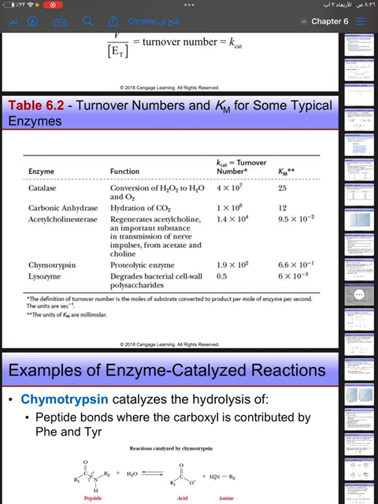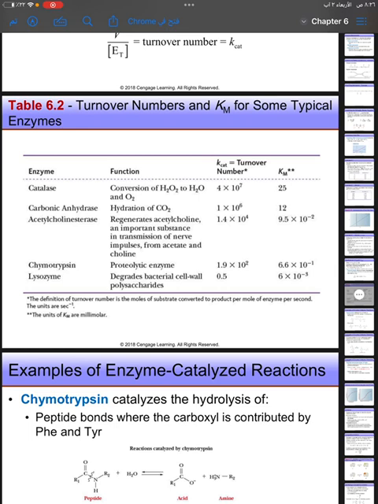Acetylcholinesterase is the enzyme that acts on acetylcholine. Chymotrypsin is one of the digestive enzymes, a protease enzyme. Lysozyme is another enzyme, inside the cells. The difference between them is that this one is found in the digestive system, and this one is found inside the cell. So these are just examples of enzymes with their turnover numbers.